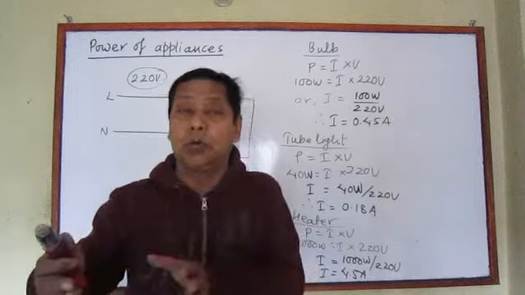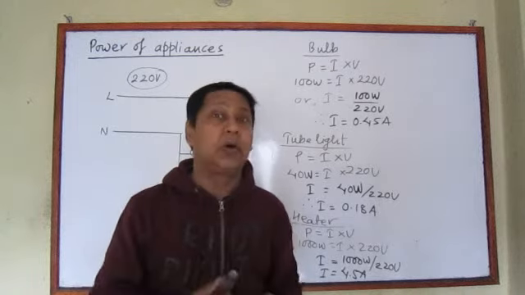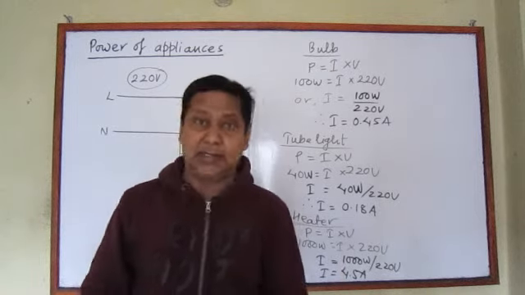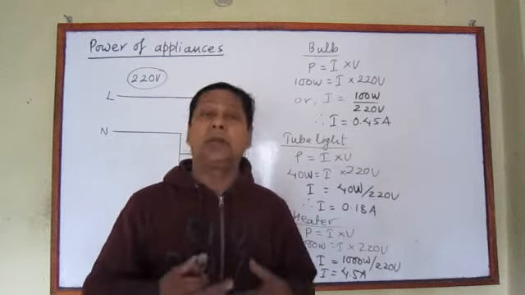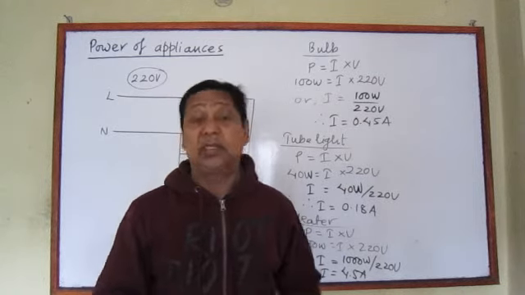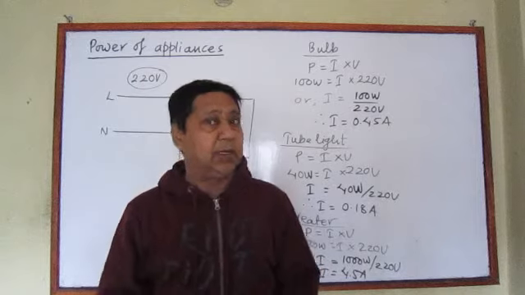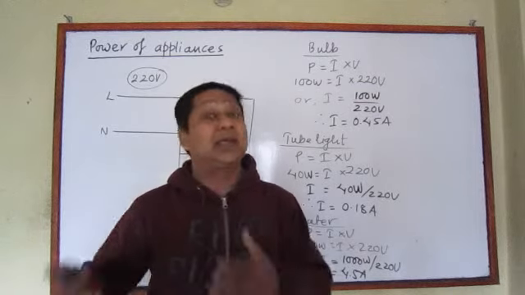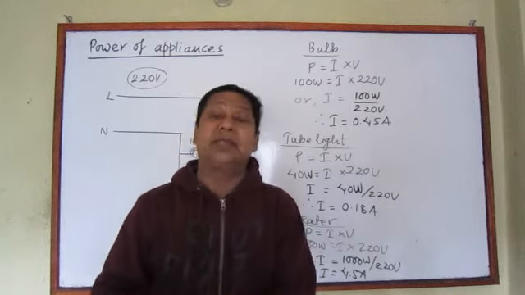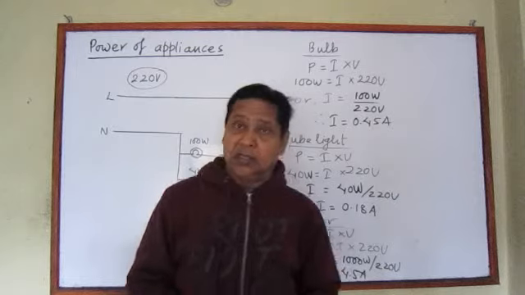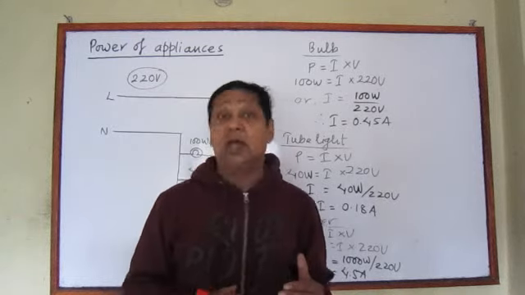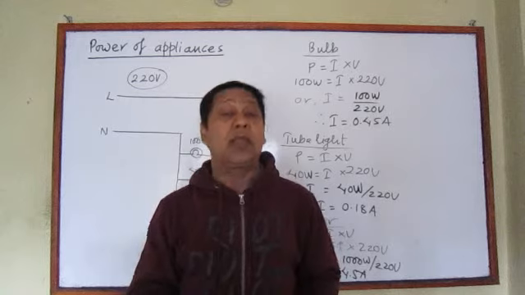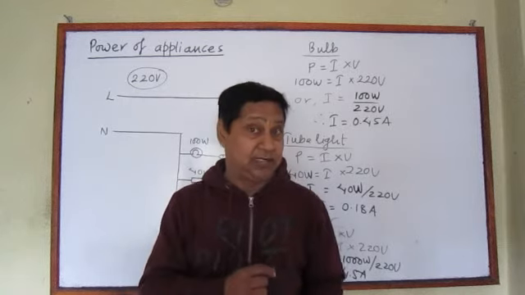If power is more, it requires more current, it pulls more current, and if power is less, then it pulls less current. Current depends upon the power of the appliance, but the supplied voltage remains the same because all the appliances are connected in parallel, and when appliances are connected in parallel, the supplied voltage does not divide among them, but according to the requirement they pull different amounts of current.